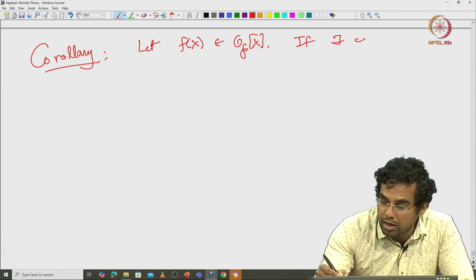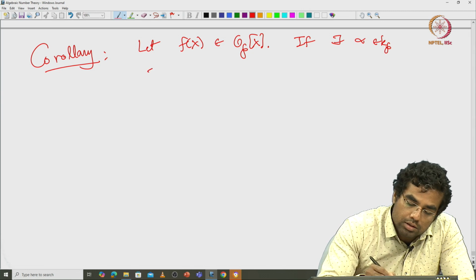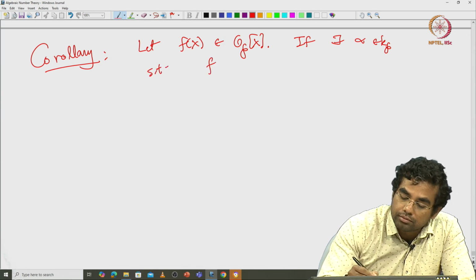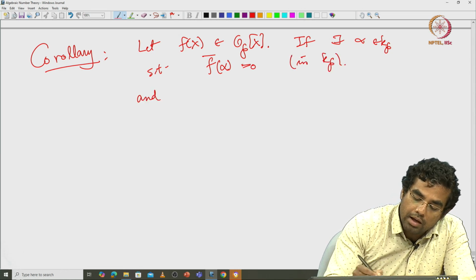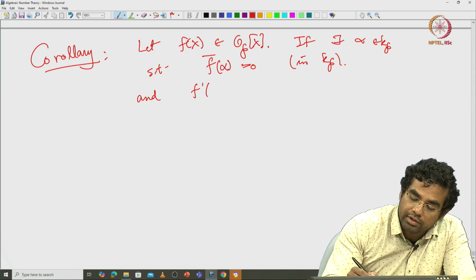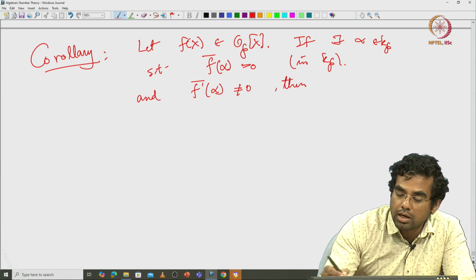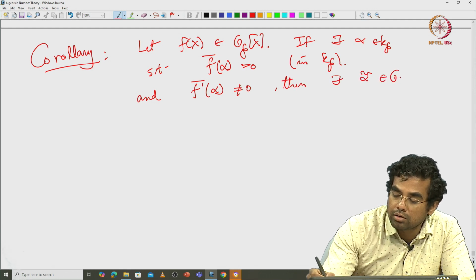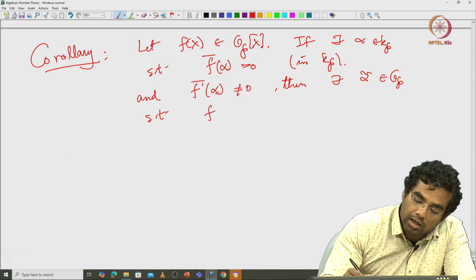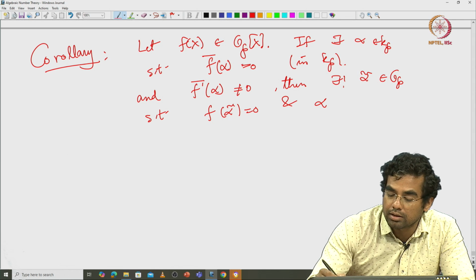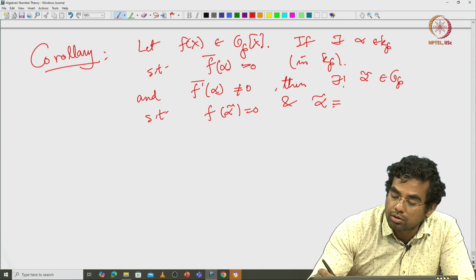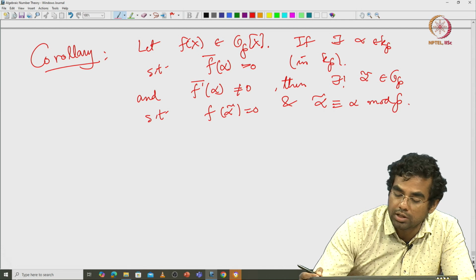If there exists alpha in K_p such that f bar of alpha is 0 in K_p, and f dash, the derivative of f, is not 0, then there exists alpha tilde in O_p such that f of alpha tilde is 0, and there exists a unique alpha tilde like this, and alpha tilde is congruent to alpha mod p.